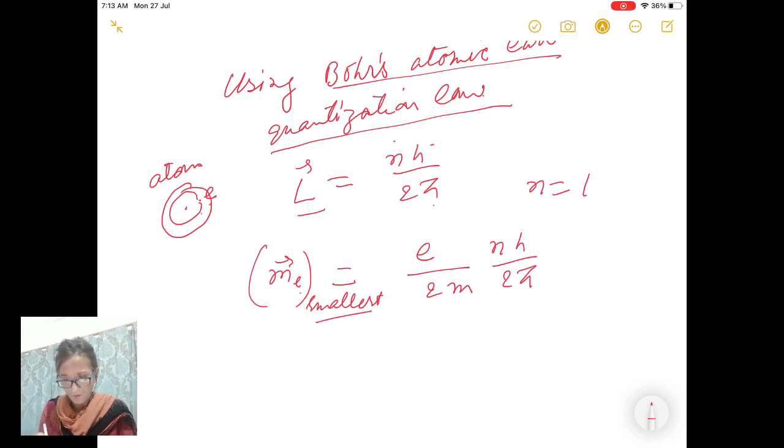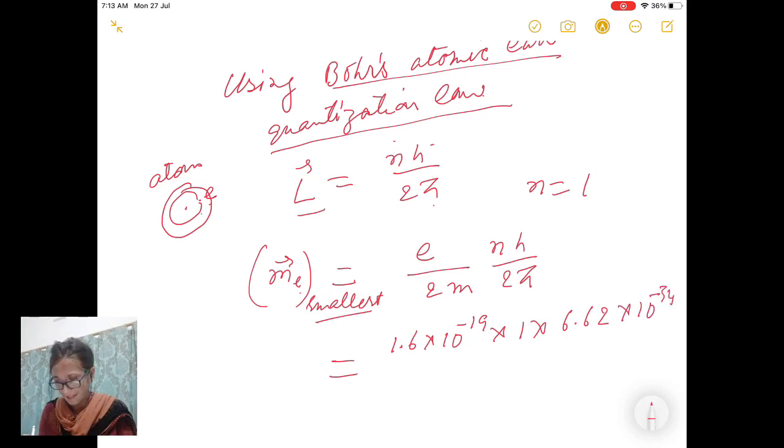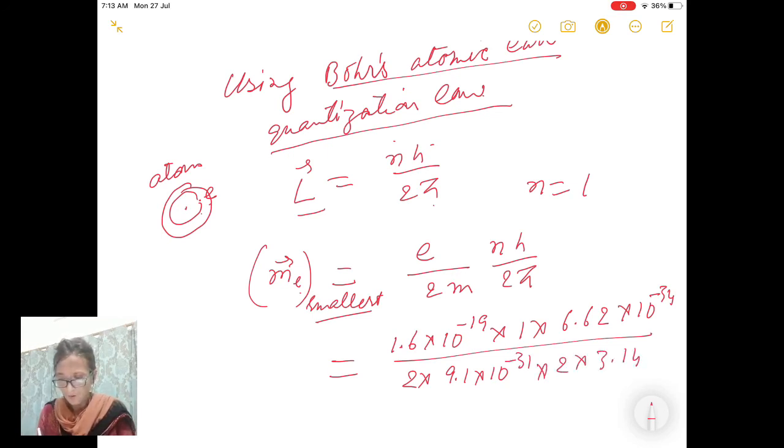On putting n equal to 1, the smallest magnetic dipole moment due to revolution is equal to e, 1.6 into 10 to power minus 19, n equal to 1, and h equal to 6.62 into 10 to power minus 34, upon 2 into mass of electron, 9.1 into 10 to power minus 31, into 2 pi, 2 into 3.14.